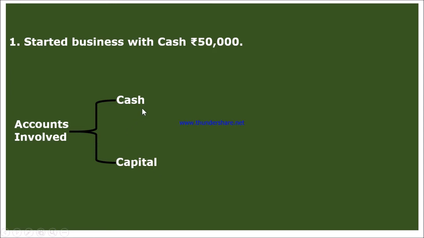Now we have to find out which category this cash belongs to, from what we have read in the rule of debit and credit. This cash belongs to assets. So if we start the business with cash, then obviously the cash balance of the business will go up. So that is the next thing, that asset will increase.